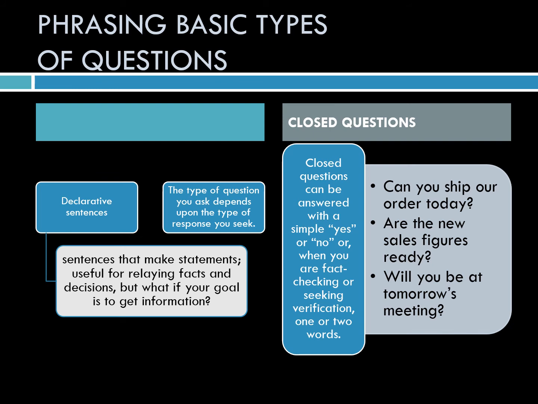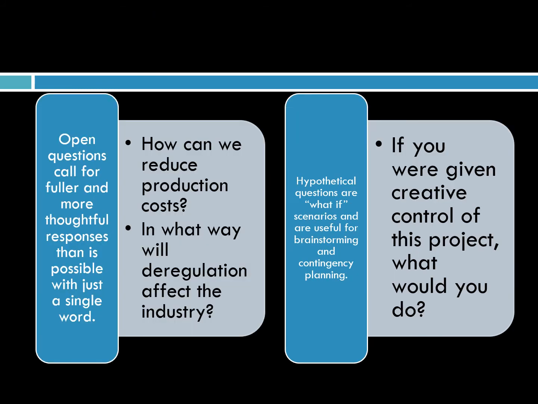For example, can you ship our order today? Maybe something like, hi, what's your name? In Canada, I think we ask, hi, how are you? Expecting the person to say, fine, or I'm good, and how are you? So we're not actually expecting a person to tell us how they are. So that's another example of a closed question.